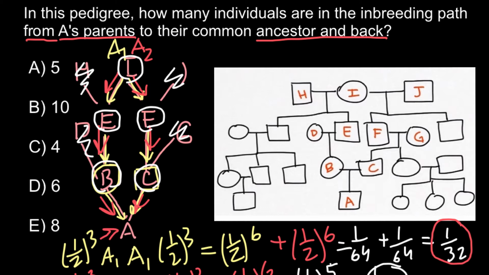Neither 3 nodes would help us to calculate the inbreeding coefficient of the individual A, nor 4 paths. Only 6 paths, if we would do it twice, or 5 nodes would help. And as you see, this is going to be our answer A. The number of individuals or nodes starting from parents, including parents, would be 5.